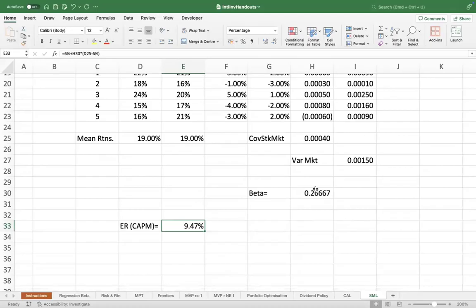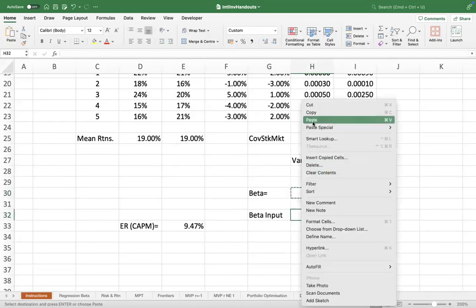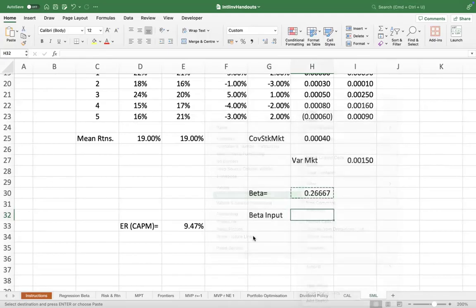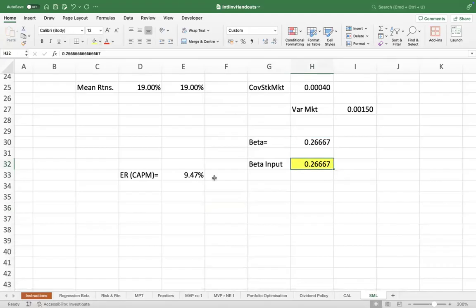So if I take the beta as an input here, I will take this beta as the input here. So this is my input. And the expected return I can take as my output. Okay, independent variable and dependent variable.